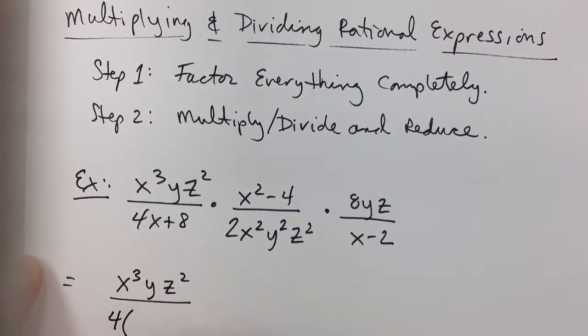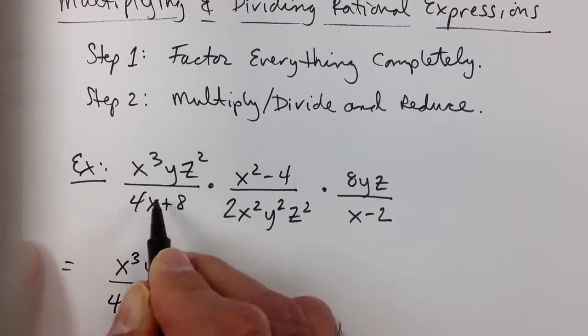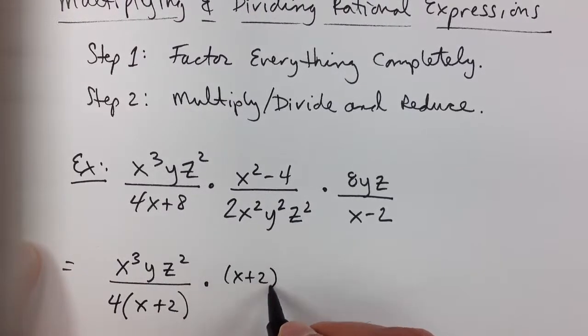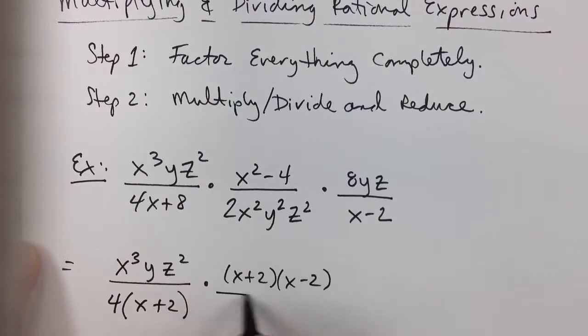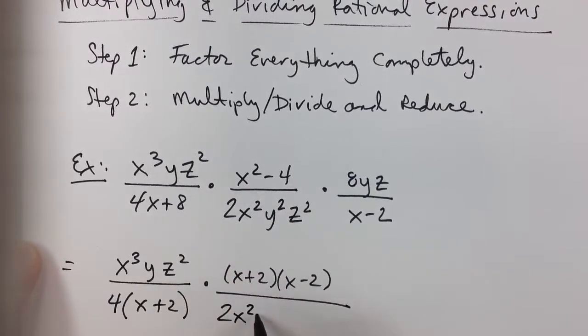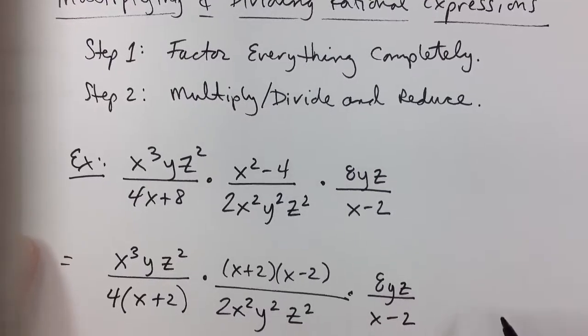So I can write here 4 times x plus 2 as the factored form of that expression, and then up here x plus 2 times x minus 2, being a difference of two squares. I'll copy this one down, and then lastly copy this down. There's nothing else to factor.